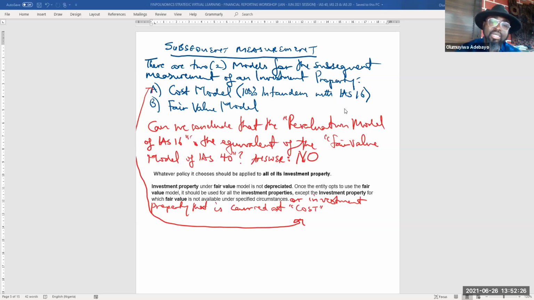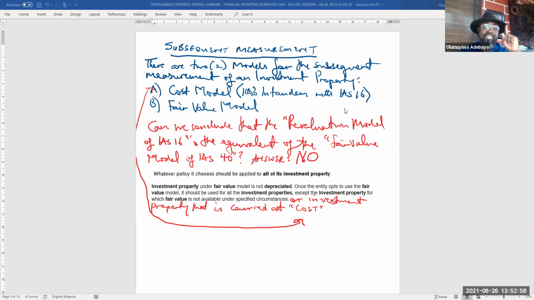But remember, the standard I've told you, you have two options. No matter how you view the other option, there is still a rationale that may be in tandem with the strategic objective of that particular entity. Yes, it might not be what is prevalent, but it is also known that entities may adopt the cost model for their investment property.